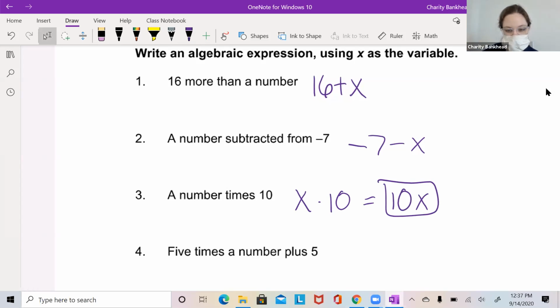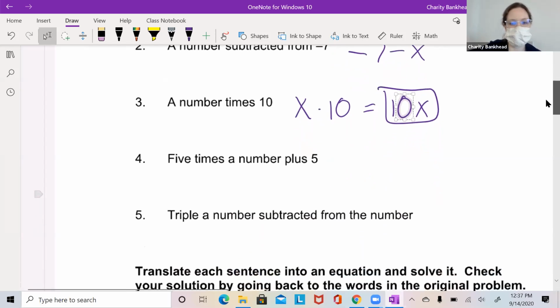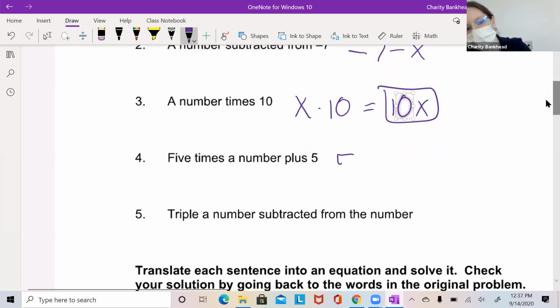Okay. All right. 5 times a number plus 5, so that would be 5x plus 5.